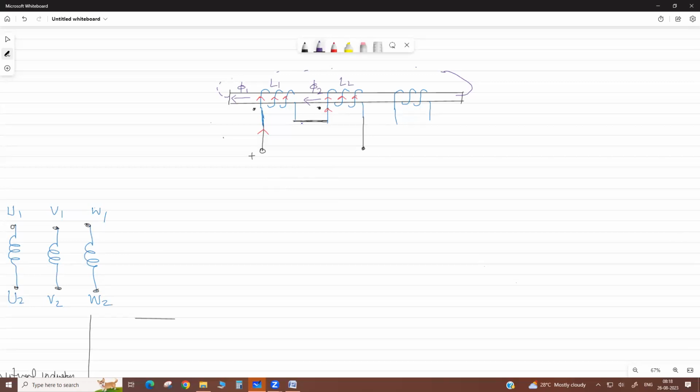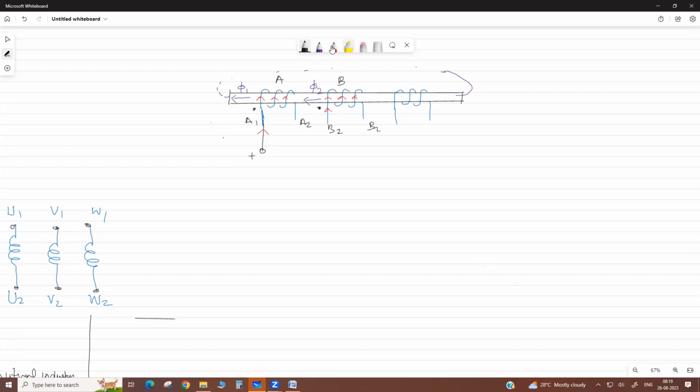Now if you change the polarity, suppose this is your V1 terminal, this is V2. This is the second coil, U1, U2. We can simplify this: suppose this is coil A and this is coil B. Coil A has terminals A1, A2, and this is B1, B2.